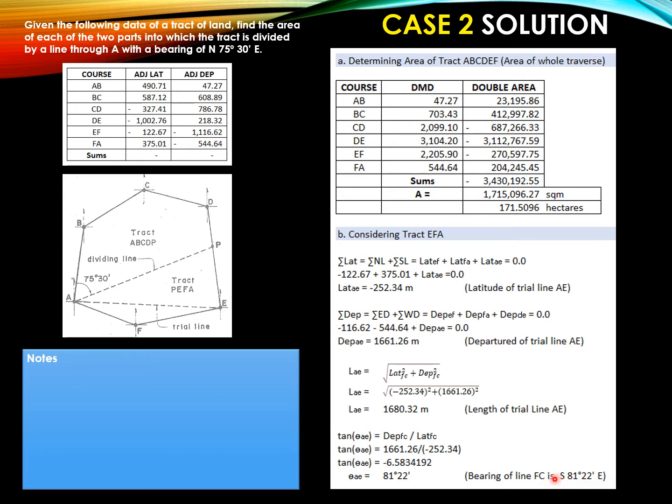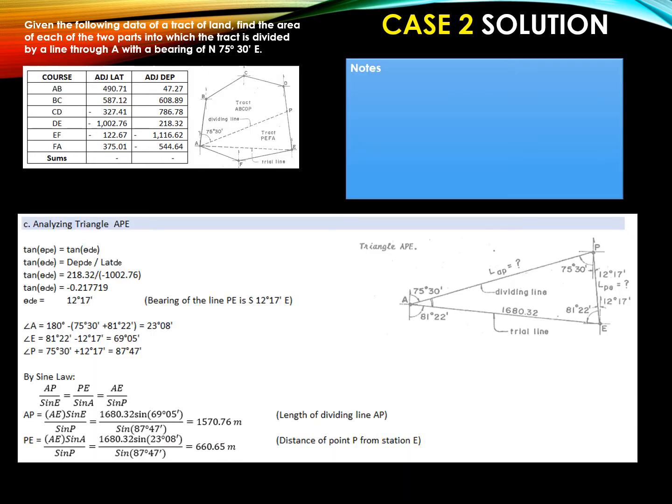So how did we get that again? Using the sign of latitude and departure. So it is southeast, 81 degrees 22 minutes. Next, since line AE is given, we have the bearing, the bearing angle, and the length.